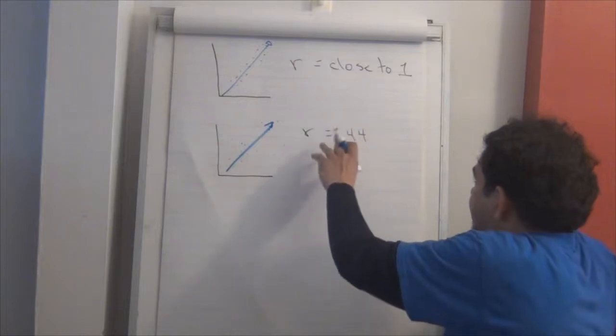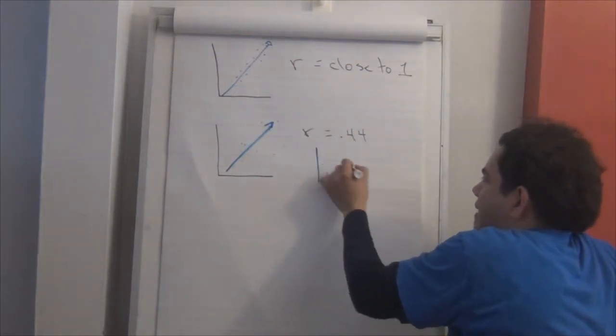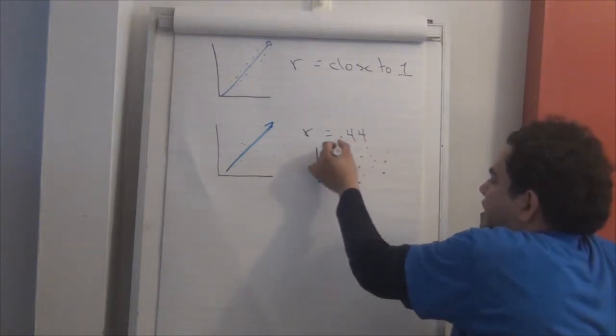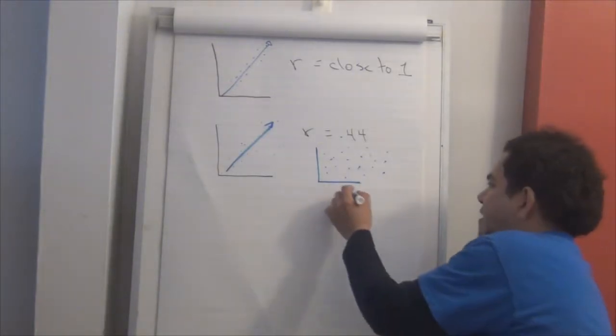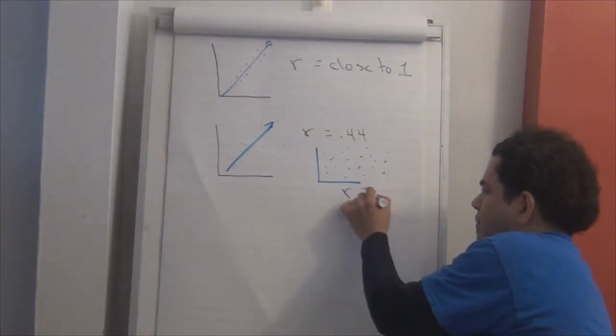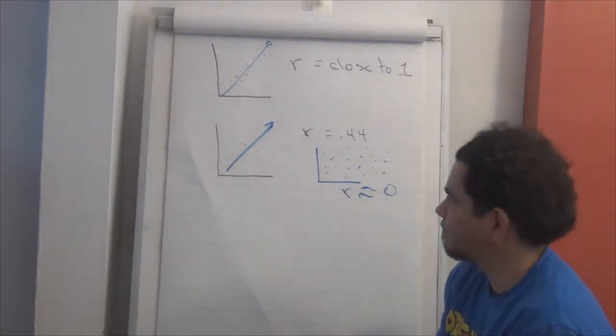Now, what happens when we have a scatter plot like this? Do you see any type of correlation? No. So here R would be close to 0, or maybe 0.